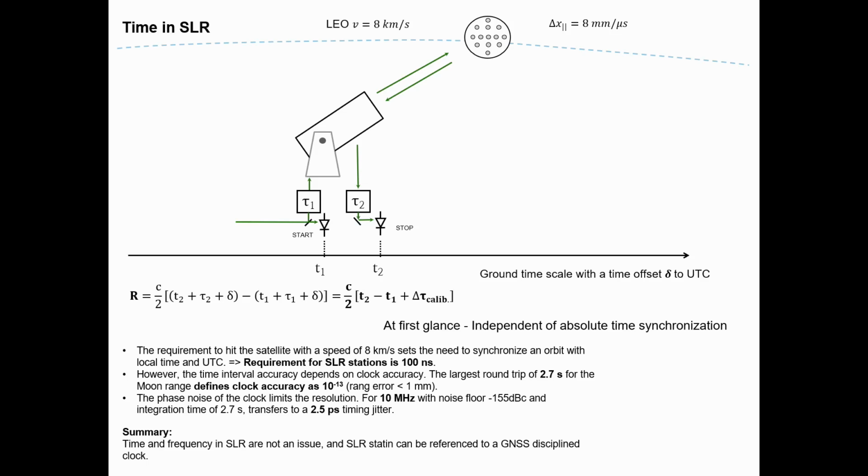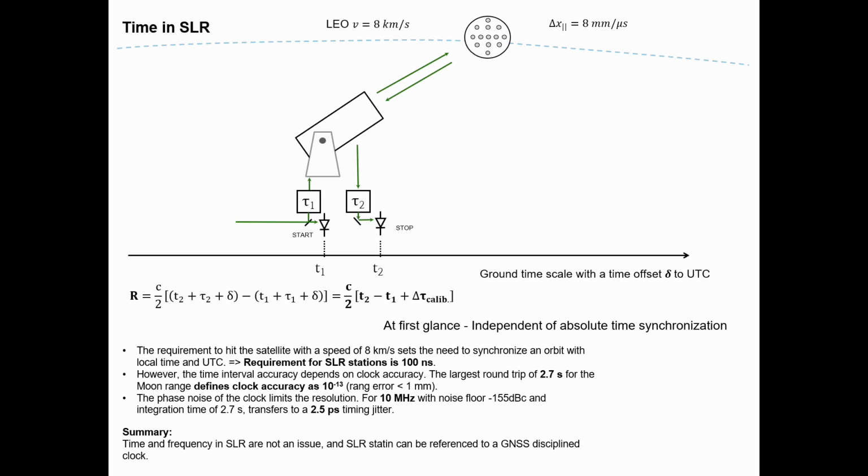Here we can formulate the observation equation, using the time tagging of the stop epochs plus accumulated delay plus this shift to some universal time scale, and the same for the start epoch.